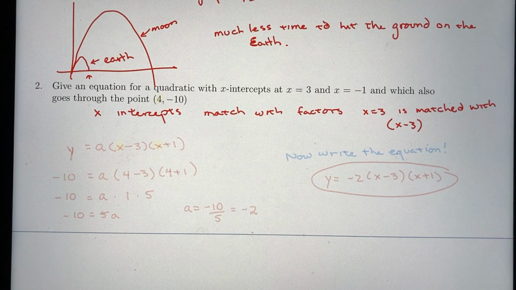Remember, it's opposite inside the parentheses. So if I write up the two factors, I have x minus 3, x plus 1.